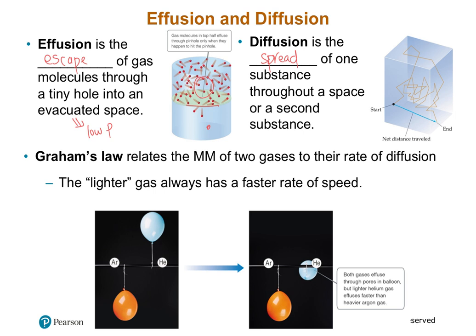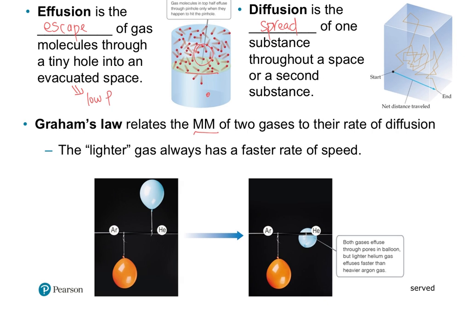Or if you spray perfume, you know that over time it's going to get to the other side of the room. Okay, so Graham's law relates the molar mass of two gases to the rate of diffusion, and what we see is that the lighter gas always goes faster. So we see here, initially we have argon and helium.